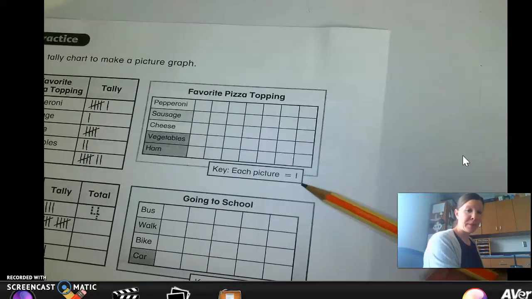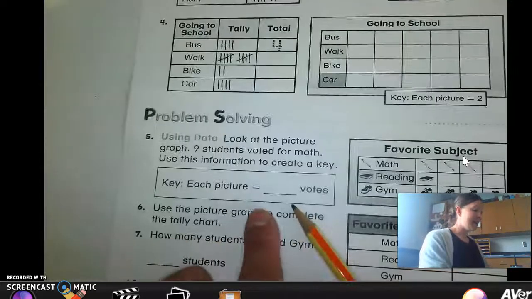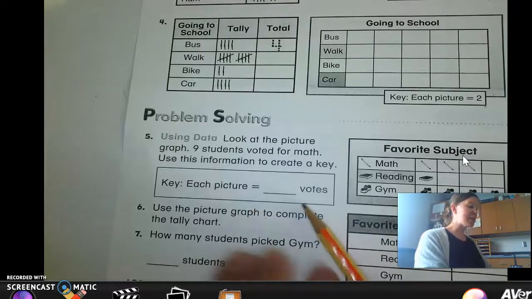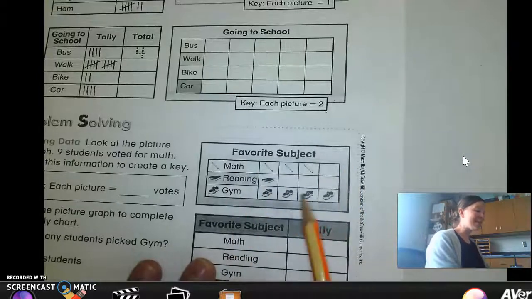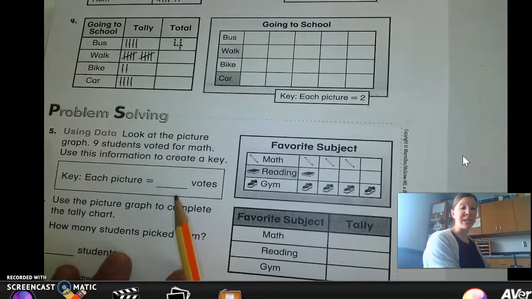So pay attention because on the back, for the favorite pizza topping, each picture equals 1. Going to school, each picture equals 2, okay? And it says, for the problem solving, look at the picture graph. 9 students voted for math. Use this information to create a key. So you have to look at this graph in order to figure out how many each picture equals.